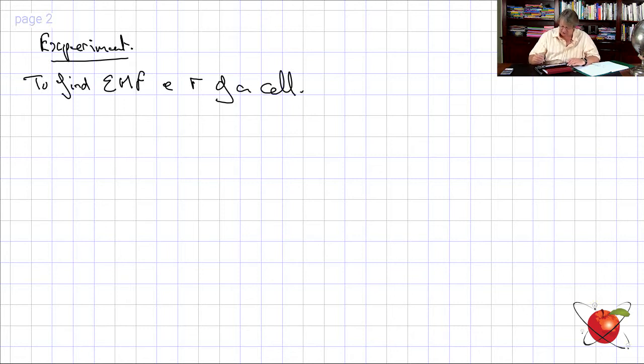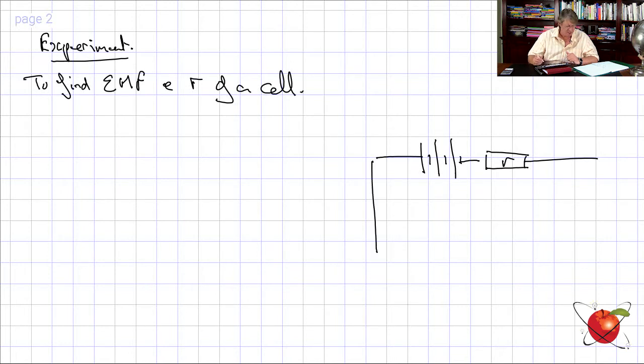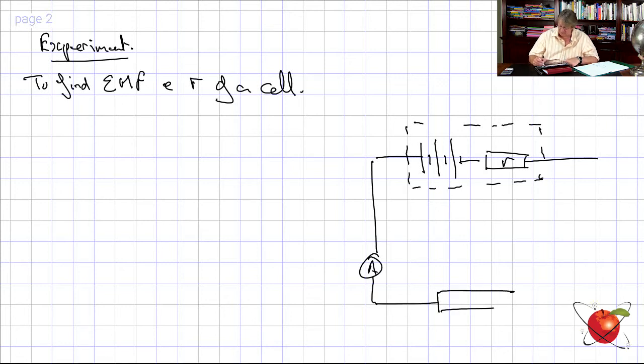Essentially, we have a circuit that looks like this. I'm just going to draw it on this side. We've got our cell here. Forget how many, it doesn't matter. There's my little r, the internal resistance, taken out on the side. Over here I put an ammeter, and over here one of these.